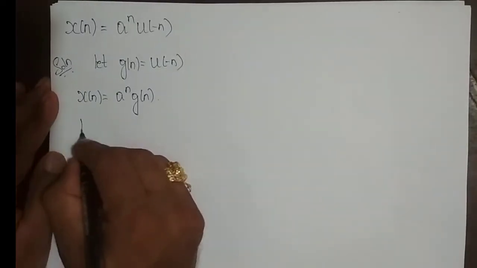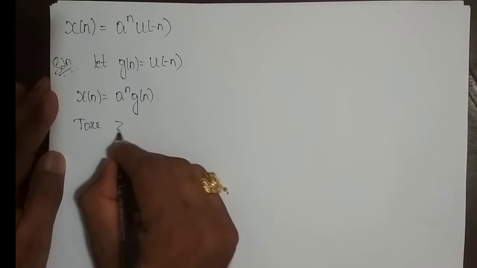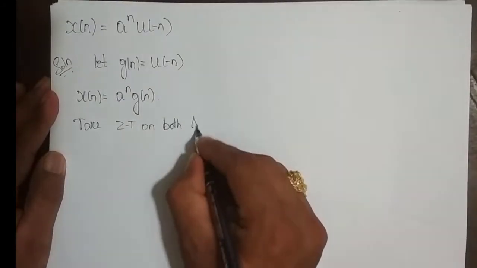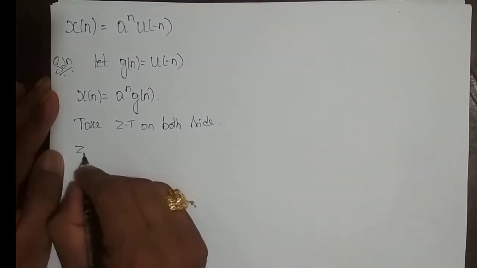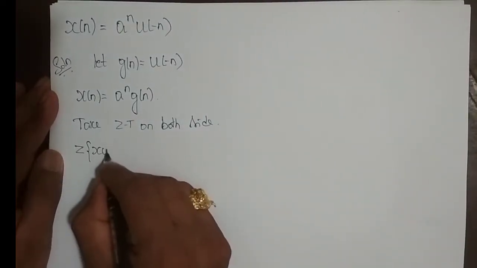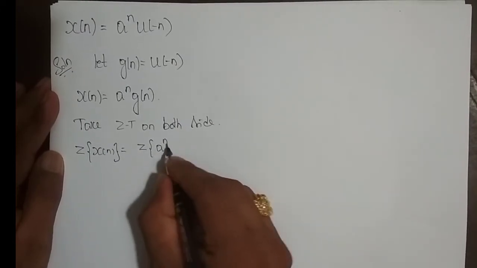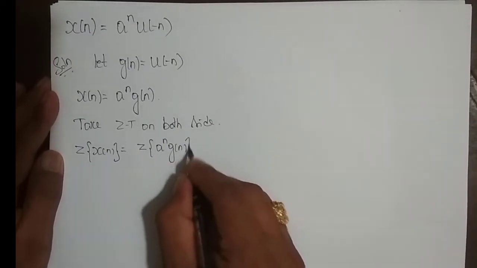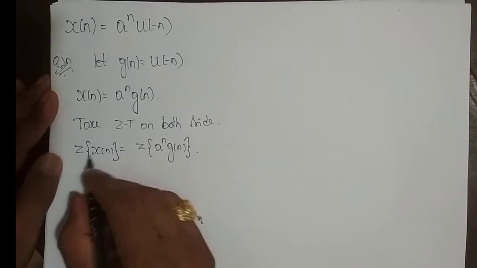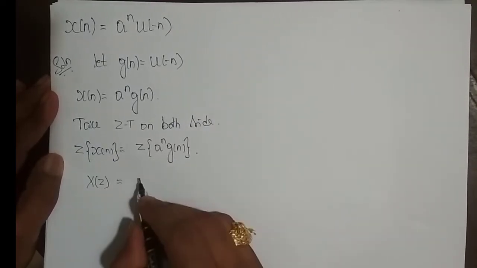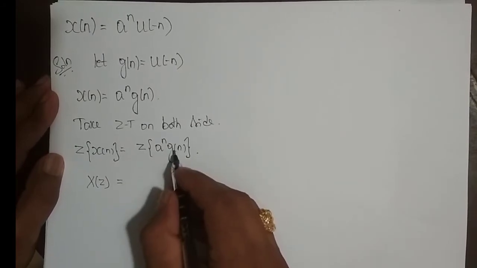Okay, if I take the z transform on both sides, the left hand side is the z transform of x of n, and the right hand side is the z transform of a power n g of n. So the left hand side is X(z), because the z transform of x of n is X(z), and what is the z transform of a power n g of n?